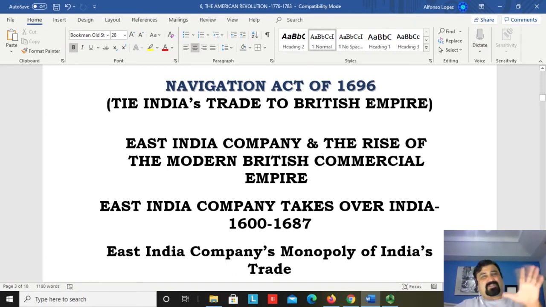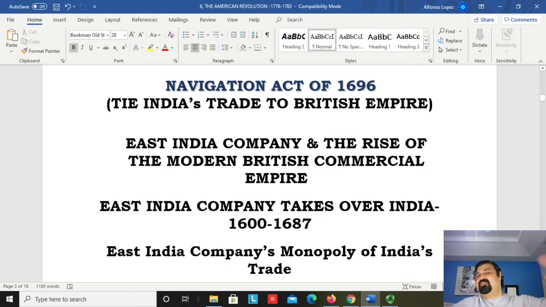And so this is one of the reasons why the British are not going to be so concerned, if you will, with regulating trade in the American continent, because they're simply so busy in Asia. They're fascinated that they are establishing colonial control in India, and they find India to be far more important for the British Empire than the American colonies.